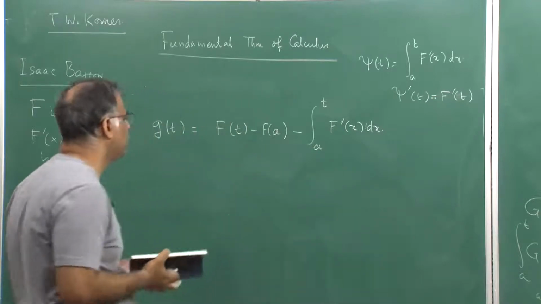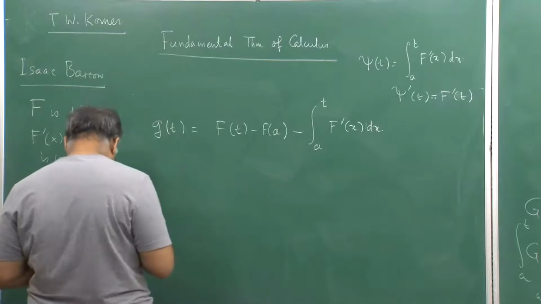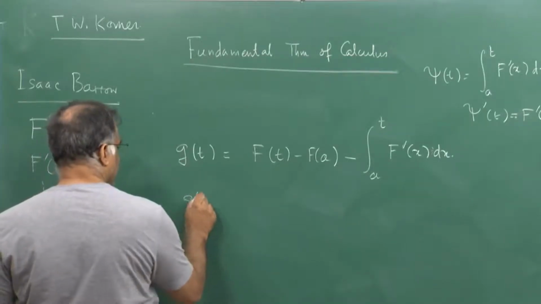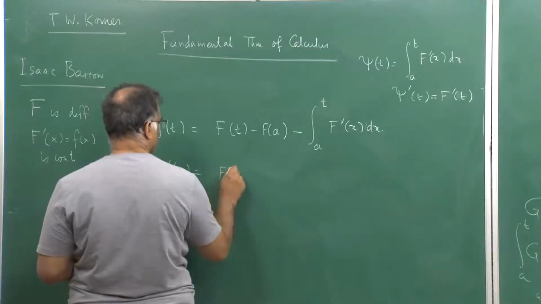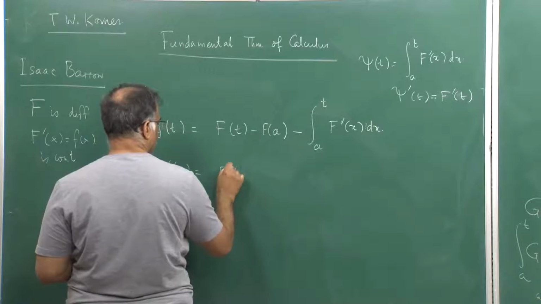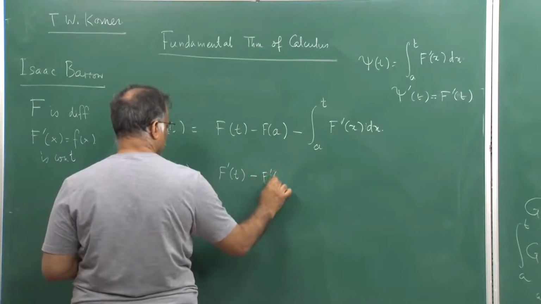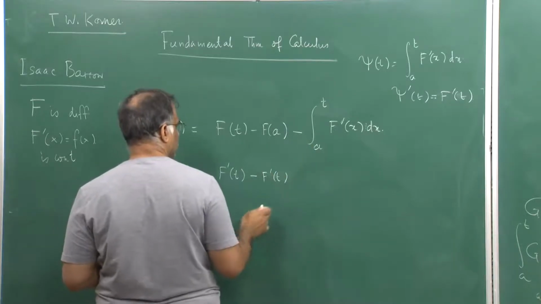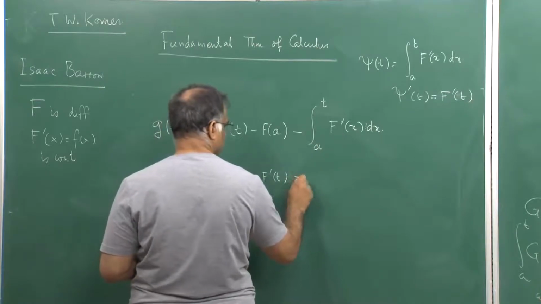So this is something important. I would still rather tell you to keep a thought on that. So if I take g dash t, this f dash t is 0 minus f dash t. If I integrate out, this will be left.